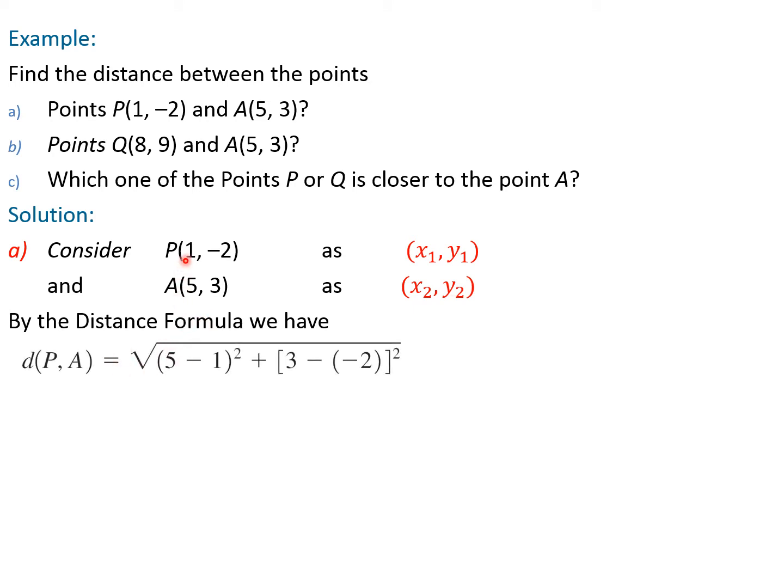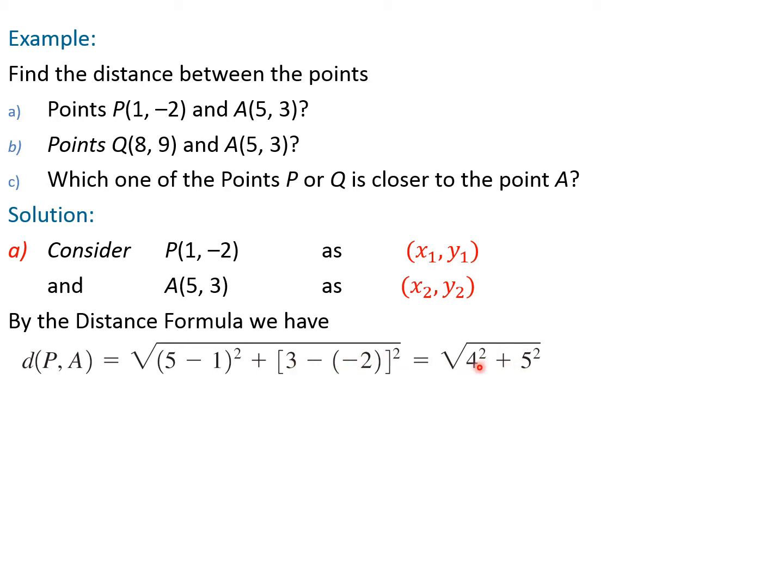5 minus 1 means x2 minus x1 square, plus y2 minus y1 square means 3 minus 2 square. Do some calculation. 5 minus 1 is 4. 4 square, plus, minus and minus will give us positive sign. 3 plus 2 is 5. 5 square is 25.